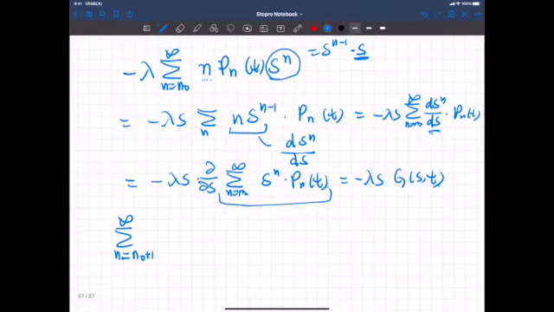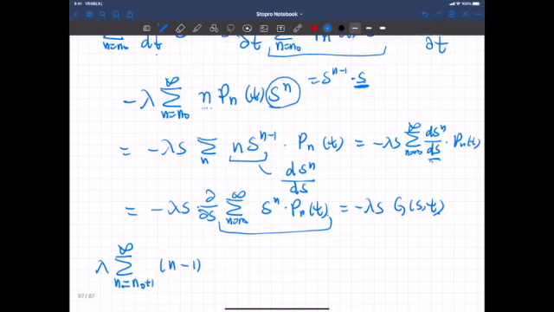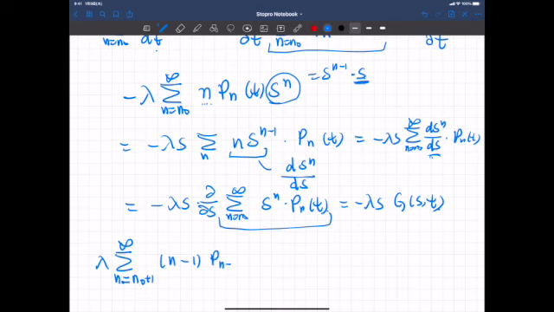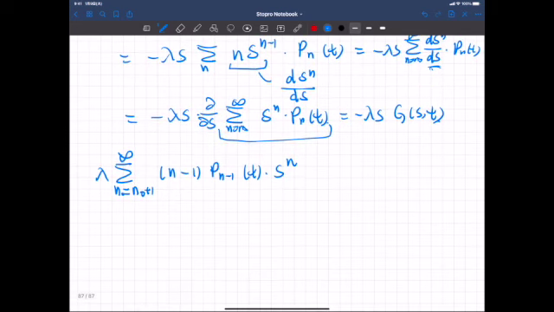So that is lambda, n minus 1, and Pn minus 1 of t and s to the power of n. Okay. Now, somehow we want to get rid of this n minus 1 so that we can express this summation in terms of the generating function.